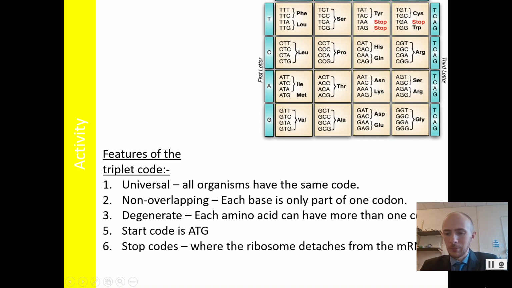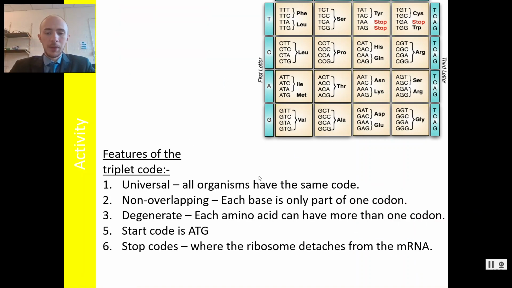Non-overlapping. Each base is only part of one codon, by which I mean, let's say the code was AAA-TTT. Then AAA would be lysine, and TTT would be phenylalanine. It doesn't go AAA, then AAT, then ATT, then TTT.